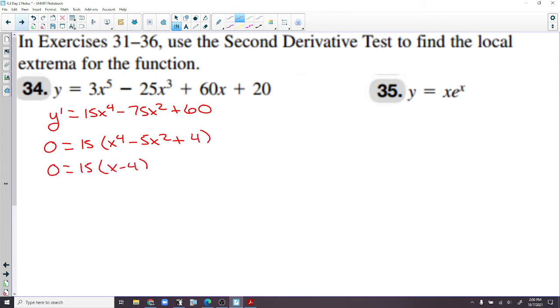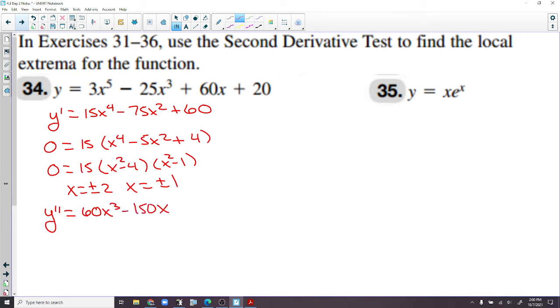That factors to x squared minus 4 times x squared minus 1. So x is equal to plus or minus 2, x is equal to plus or minus 1. And we could certainly throw those on a number line and decide our minimums and maximums. But we're asked to use the second derivative test. So we'll do the second derivative: 60x to the third minus 150x.